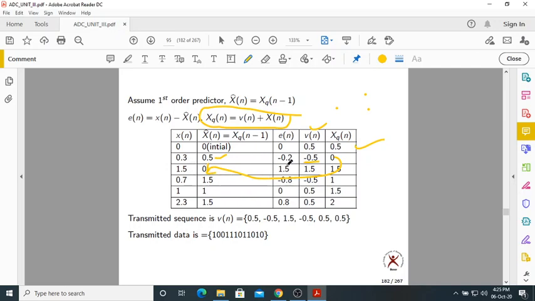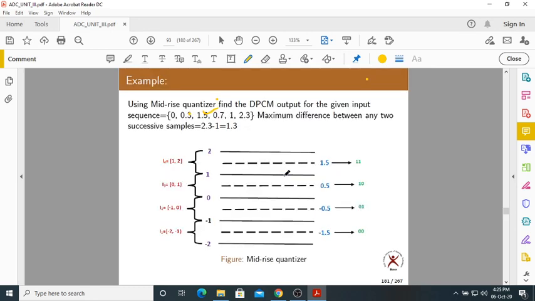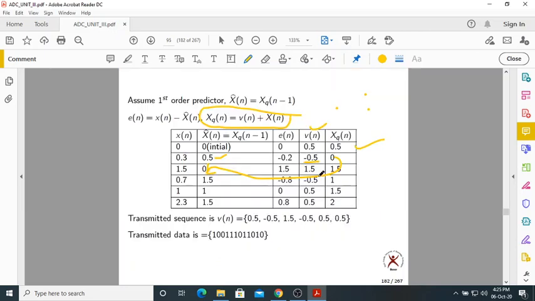So 1.5 is quantized to 1.5 only, because there is no error. 1.5 lies in the fourth interval, so in the fourth interval, what is the quantization level? 1.5. So 1.5 only. So what is x q of n? Calculate. You similarly go like this.